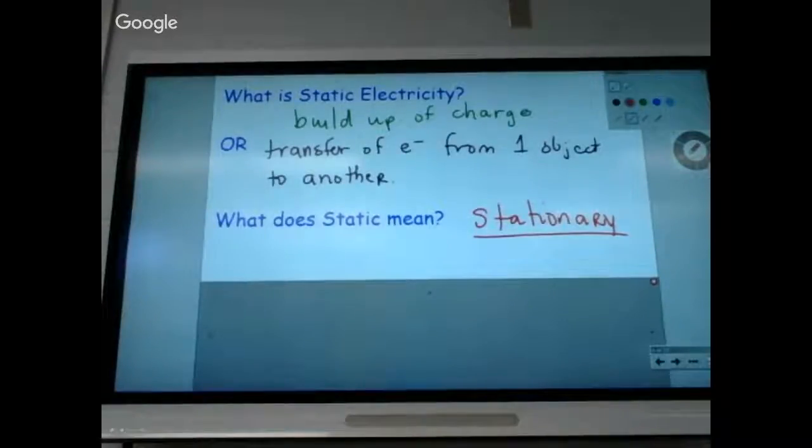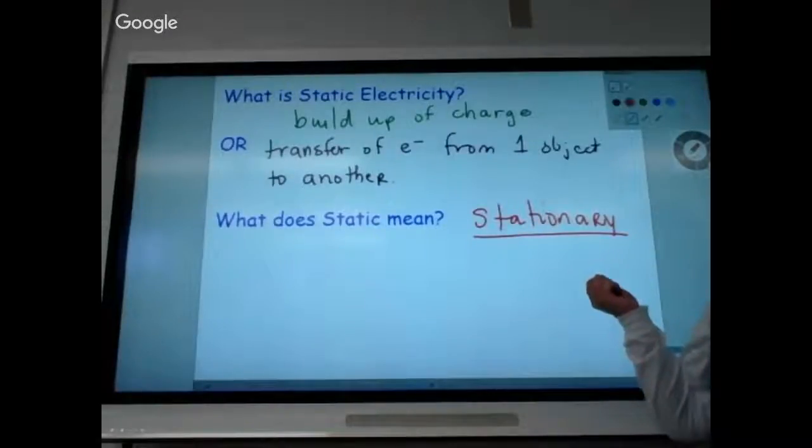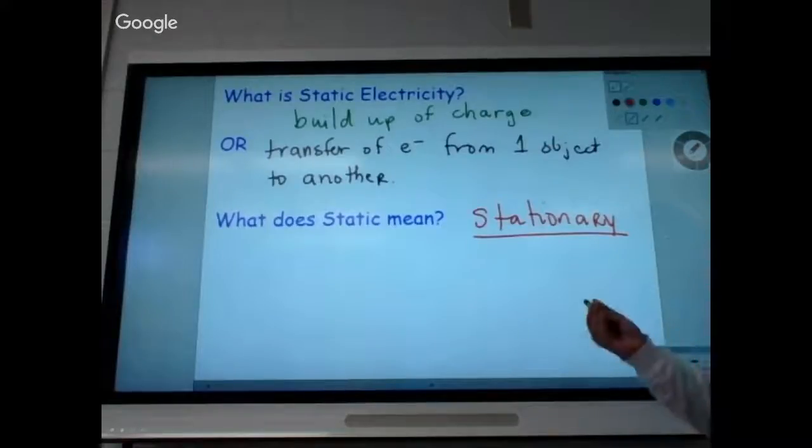However, if we had something else and we were allowed to do that, we could transfer electricity through the rest of us. Now, we're not going to do that either. My point is, when we get to current later in the week, current can continue to flow. Static electricity, however, can what? Not. It can only move from one place to another and it stops.